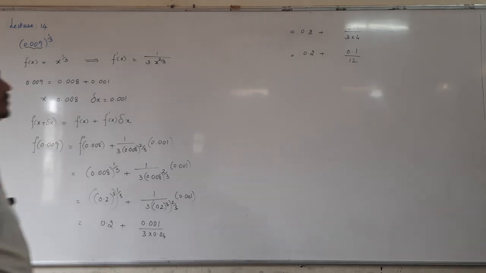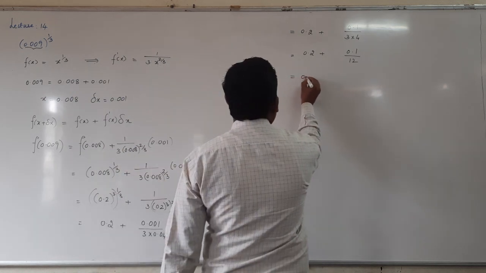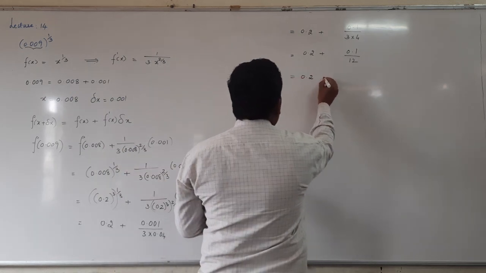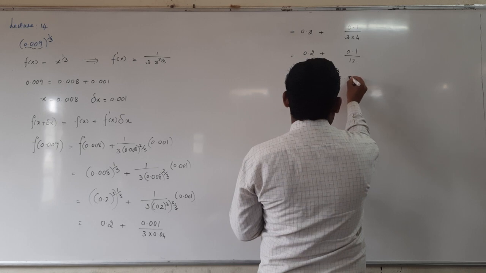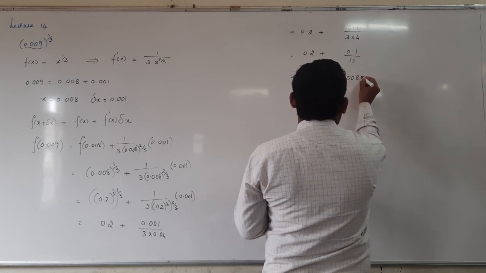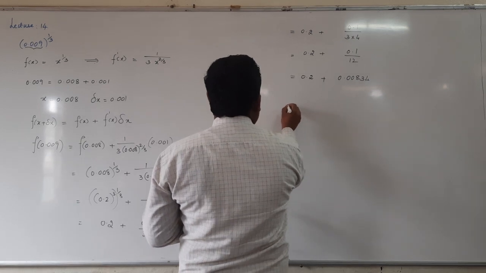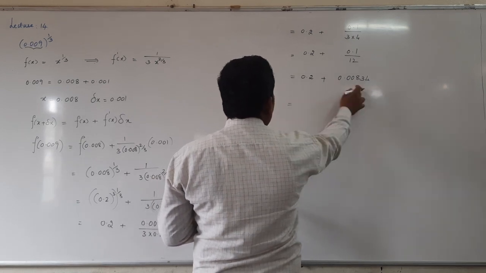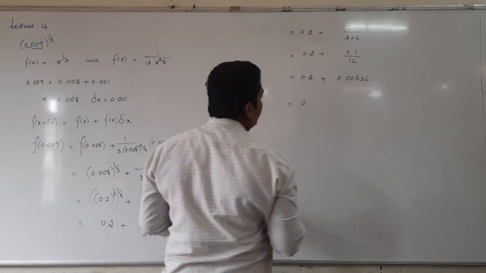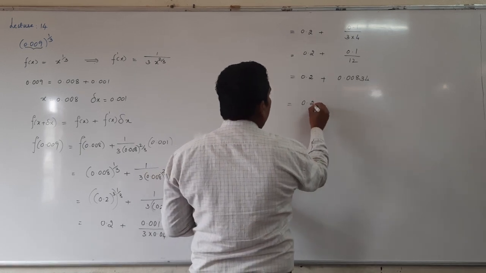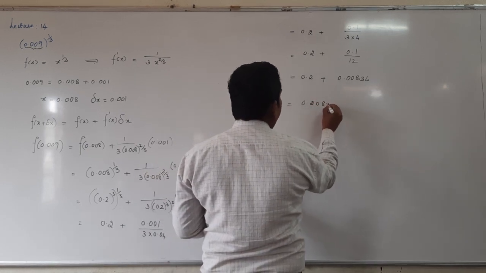0.1 divided by 12 is 0.00834. So 0.2 plus 0.00834 approximately. Then on adding this we get 0.20834.